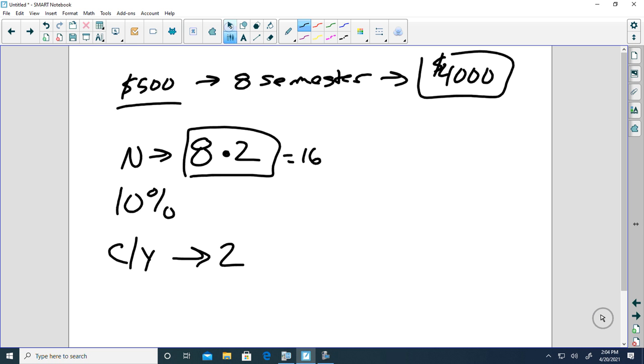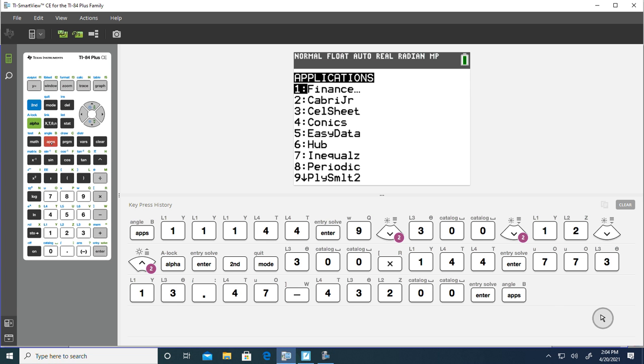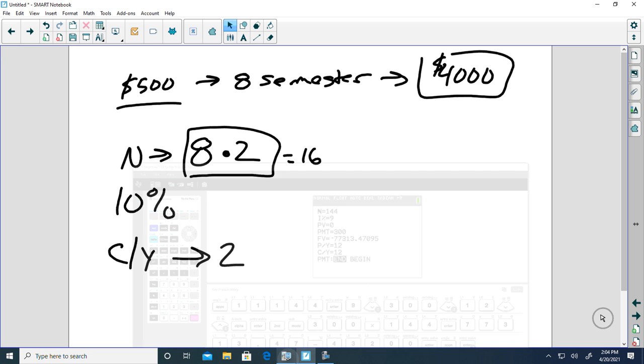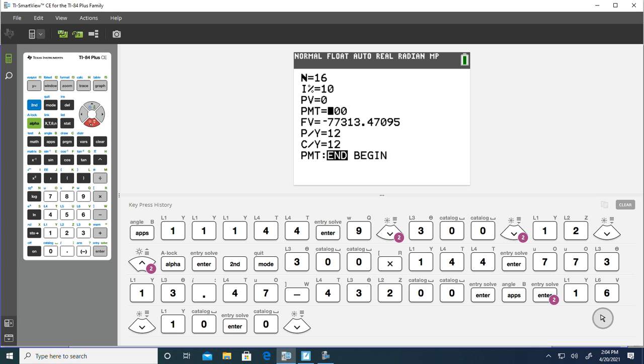Okay, so we have enough information to plug into our calculator? I hope so. So you don't have to clear anything out. Just go back into the apps, finance, TVM solver. What was N? 16. Thank you. I change that to 16. Interest was 10%. Gosh, that's a great interest rate. Holy crow. Present value at 0, because we don't have anything in there yet. We have a payment of $500. Future value is what we're going to have to find. P/Y and C/Y were the same. What did we decide that was? 2.